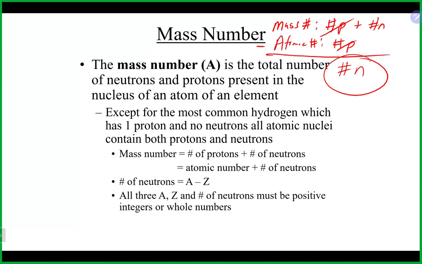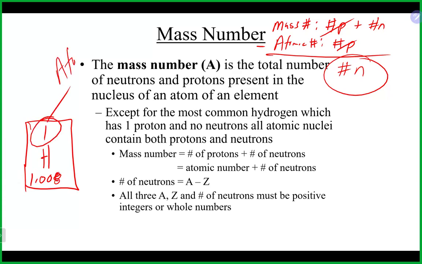When you calculate the mass number, the atomic number, or how many protons, electrons, or neutrons an atom has, they all should be positive whole numbers. So that brings me to an important question. I look at my periodic table and find hydrogen, which says 1 on top and 1.008 on the bottom. I know this is the atomic number.